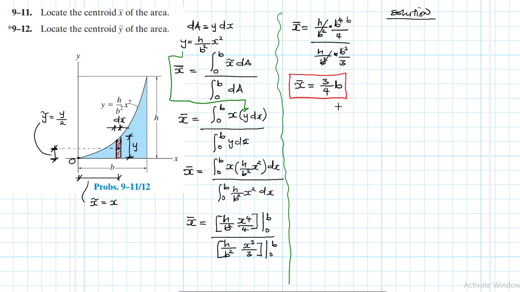So what we are saying is the centroid location in the x-axis is 3 quarters of b from this point. So if we are to show it here, it is somewhere there like that. So this one is 3 quarters of b. Okay, this is where it is, somewhere there like this.